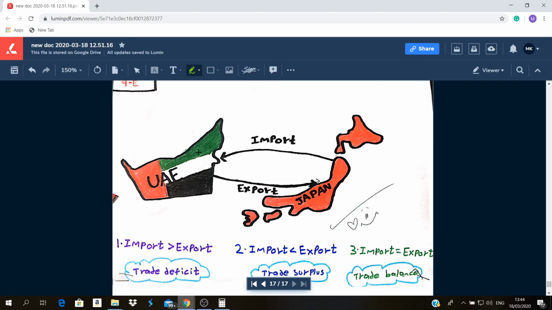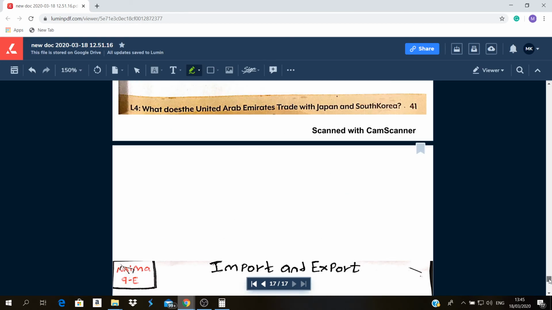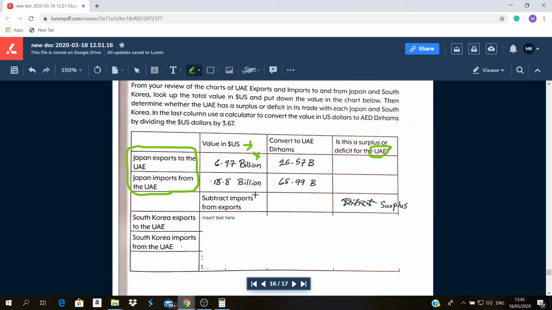Okay, now we're living in the UAE. This person is going to say, this is our exports. But this person, let's say in Japan, is going to say, your exports are our imports, because Japanese people are taking these things. Okay, I wish you understand this. I wish the point is understood for you.